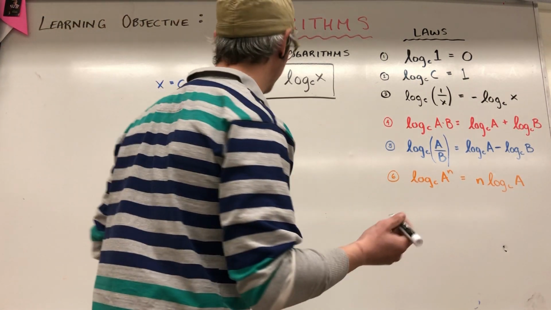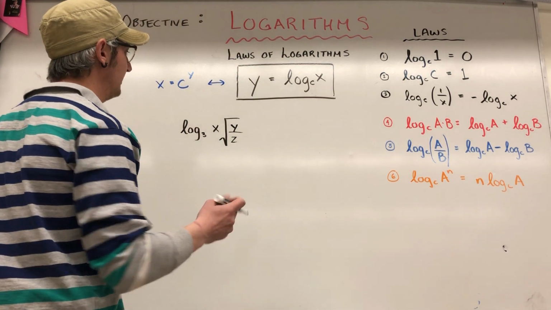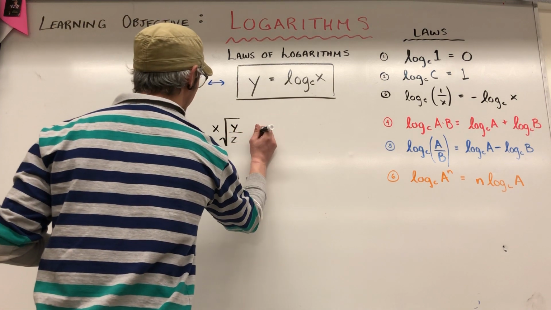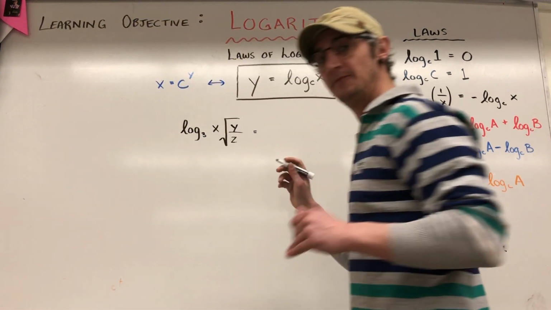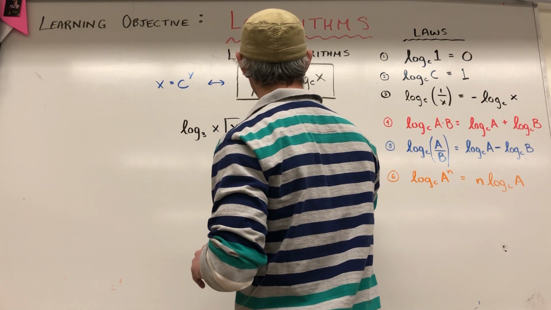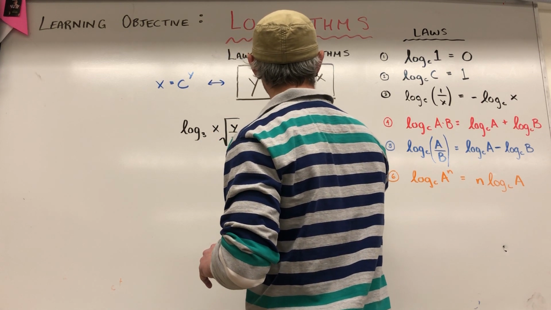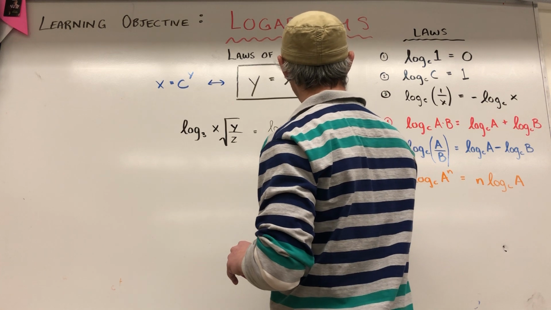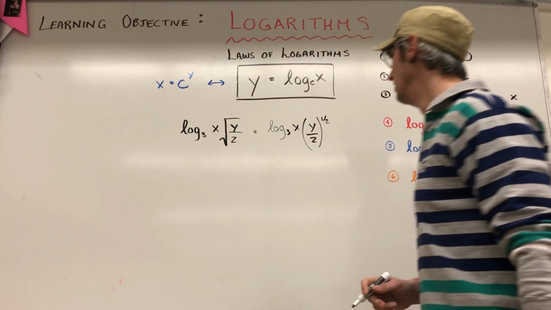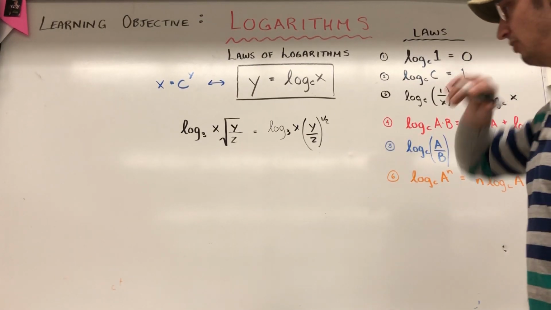That's one thing they'll ask us. The first thing I know is that I don't want radicals. I want this in exponential form. So the first step is to rewrite this as y over z all to the power of a half.